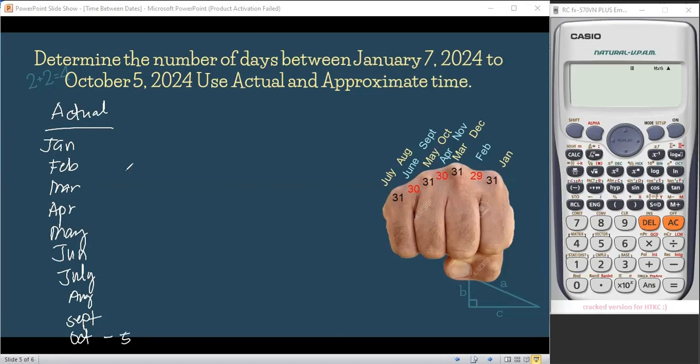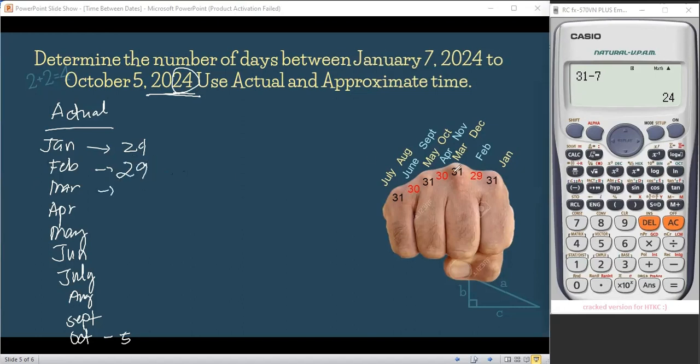So in January, actual time is 31 minus, when did it start? 7. So we have 31 minus 7, that is equal to 24. So we have 24 in January. February, since 2024, we know it is a leap year because 24, the last two digits, is divisible by 4. So 24 divided by 4, that is 6. So it is divisible, and February, therefore, must have 29 days.